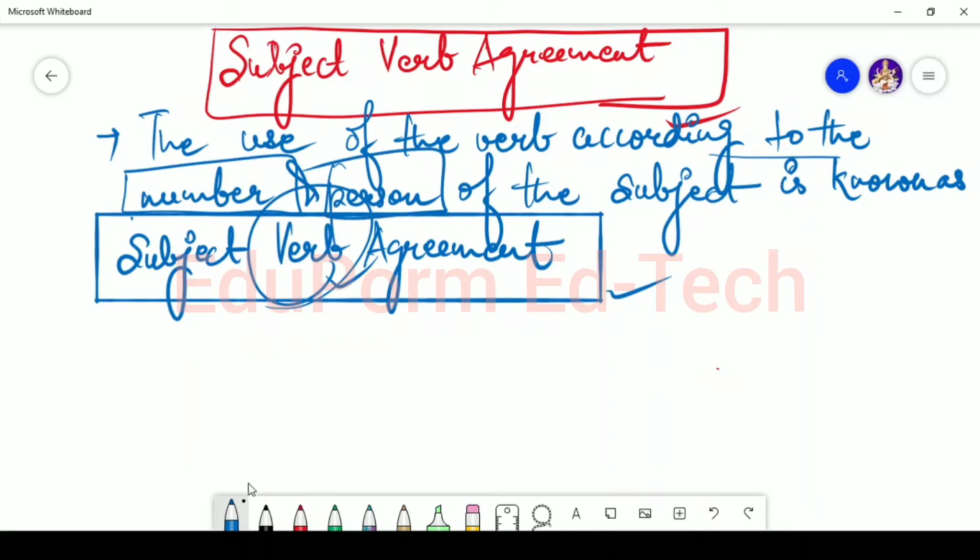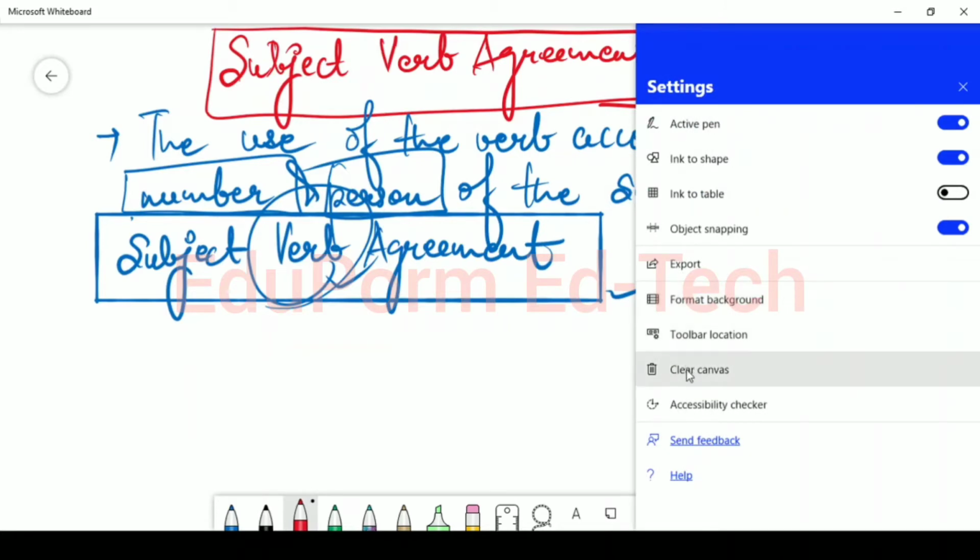Now we are going to talk about some of the rules, or some of the specifications related to this.